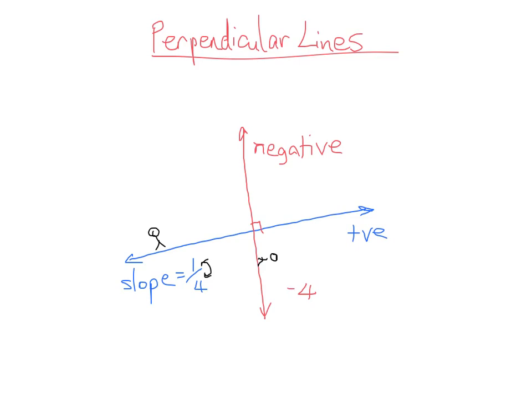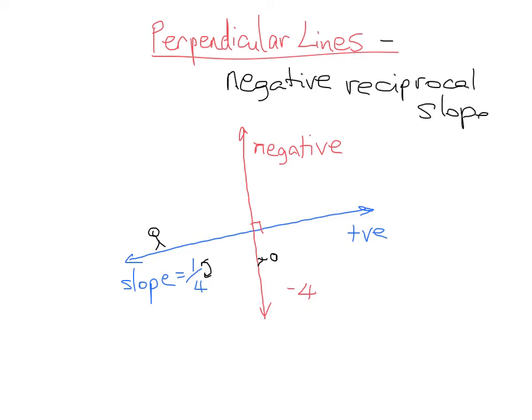So perpendicular lines have a negative reciprocal slope. I'll write that down because that's super important to remember. Perpendicular lines have negative reciprocal slope.